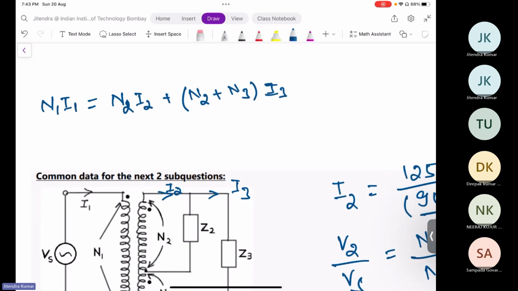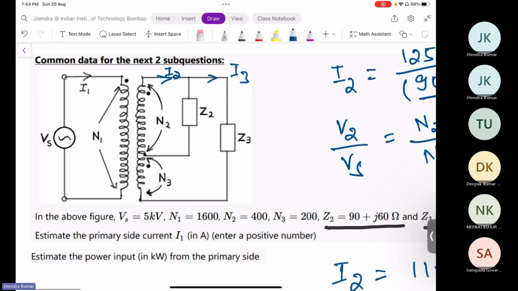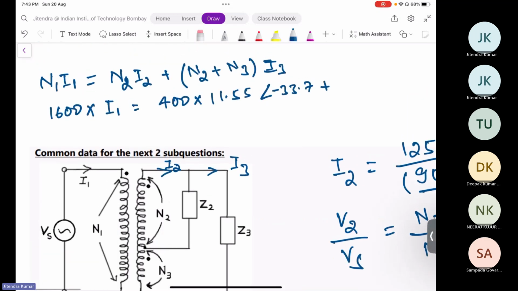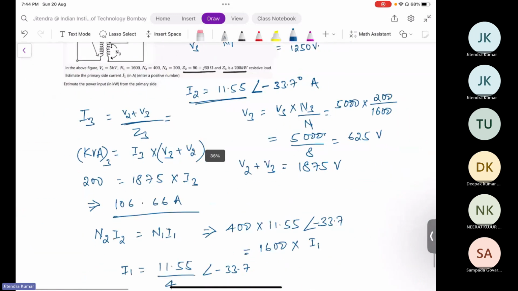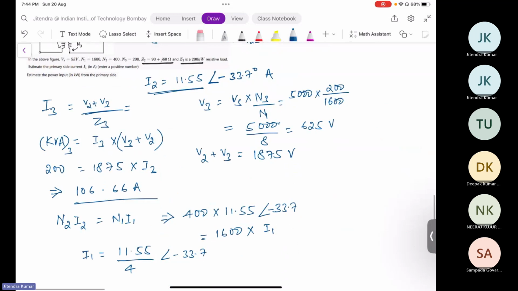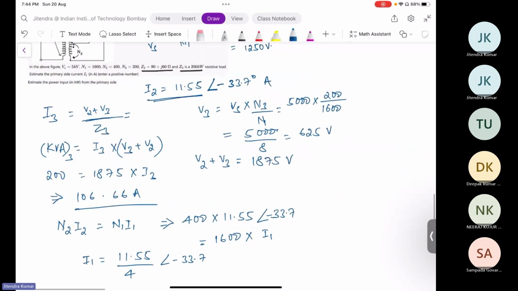So N1 I1, 1600 into I1, we need to compute. N2 I2 is 400 into 11.55 angle minus 33.7, plus N2 plus N3, which is 600, into I3. I3, where is it?